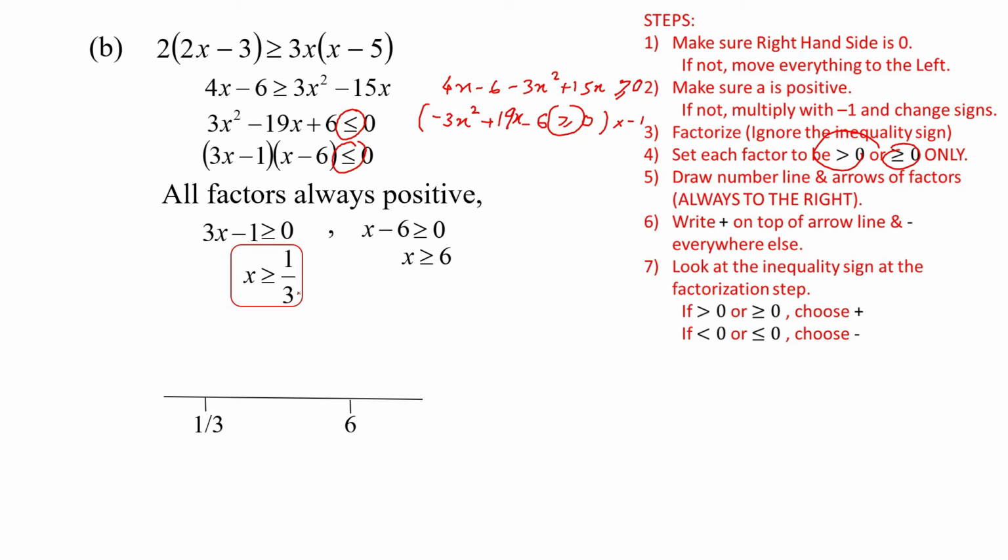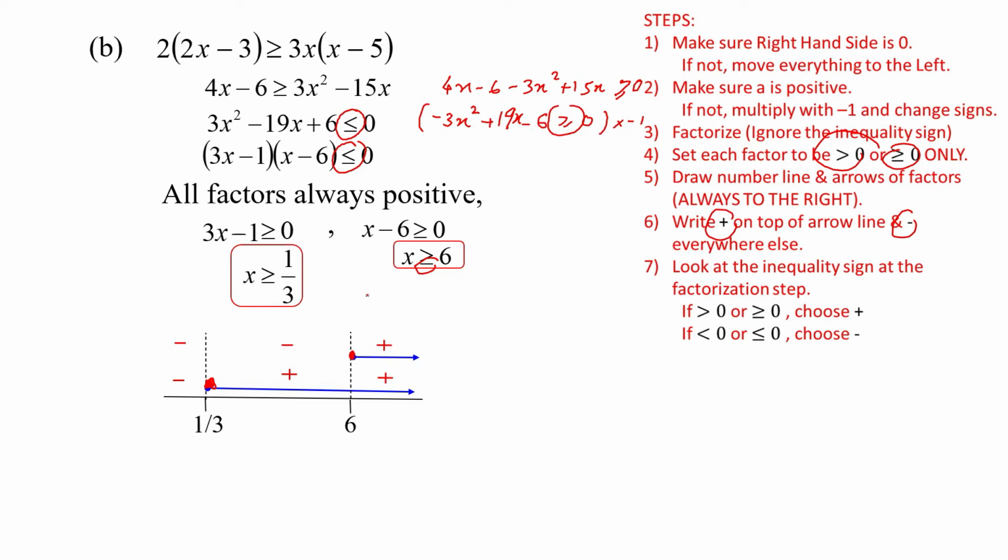The arrows always go to the right. So from 1/3, there's an equal sign there, that's why there's a dense dot here. And then at 6 also we have a dense dot because there's equal sign here, and it goes to the right. Step 6, remember to write positive on top of the arrow line and negative everywhere else.